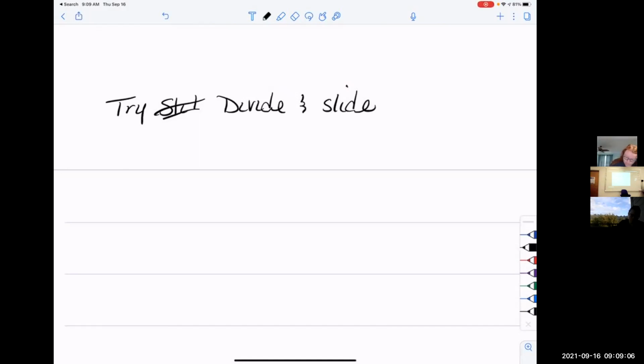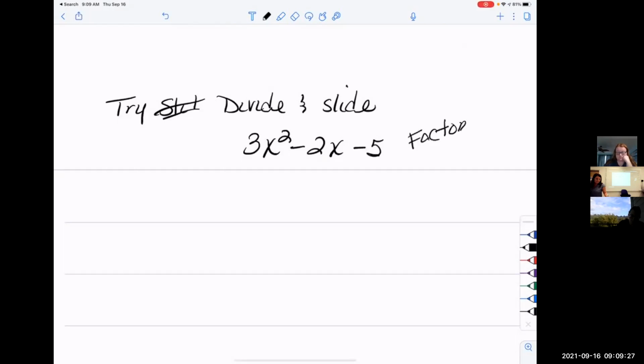How about this one? Make sure the sign is right. All right, try that one. See what you think. See if it's starting to stick.